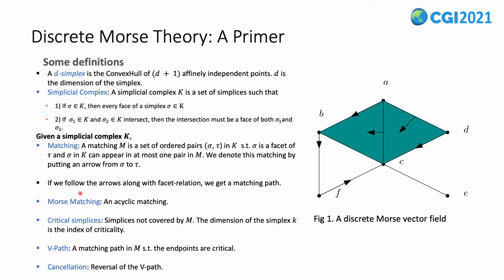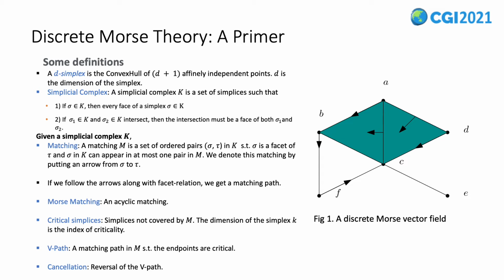That's what I am saying: if we follow the arrows along with the facet relation, we get a matching path. Now we define a Morse matching to be an acyclic matching. If this matching is acyclic, then we say that this is a Morse matching.